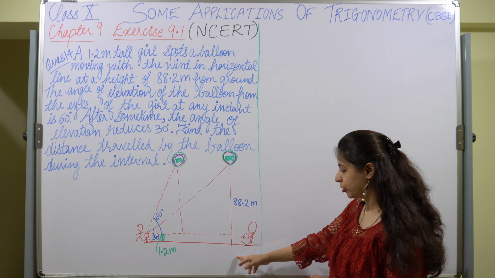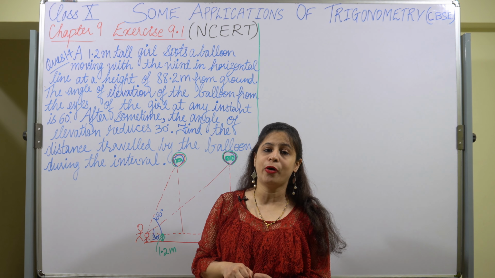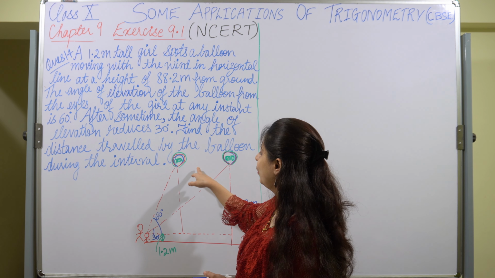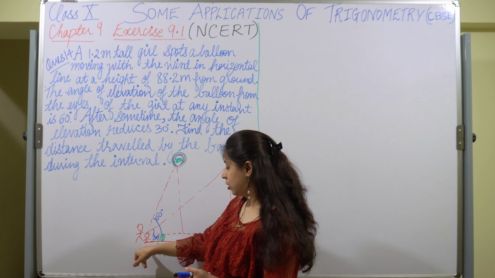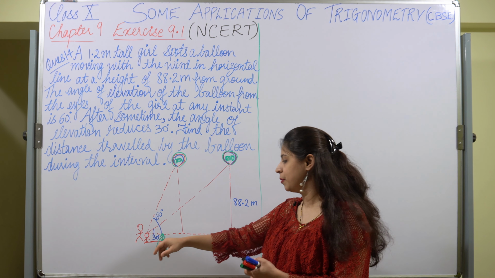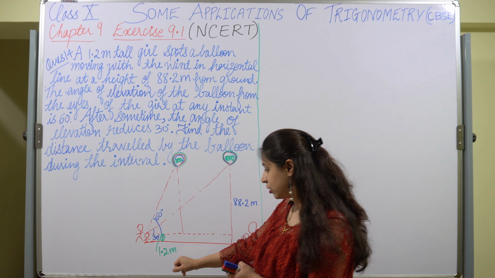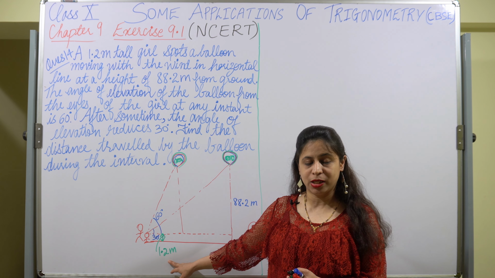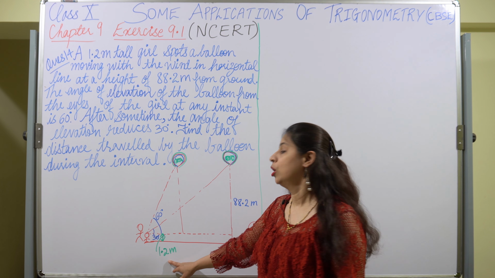The balloon is at a height of 88.2 meters from the ground. Then we have been given the height of the girl. A girl is depicted in the figure, and her height is given to us as 1.2 meters.